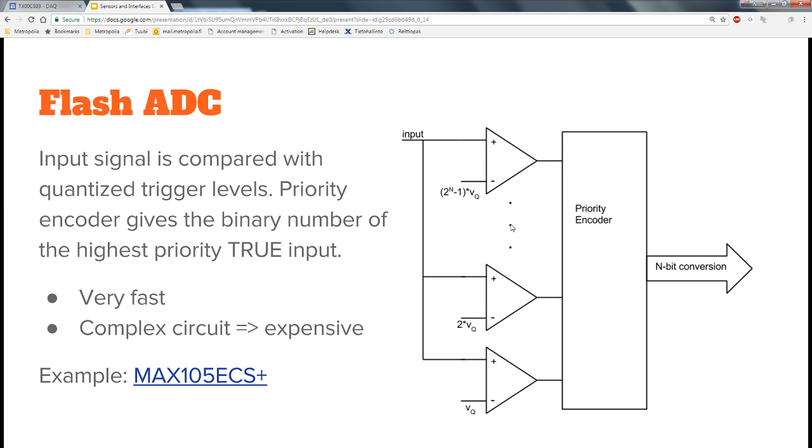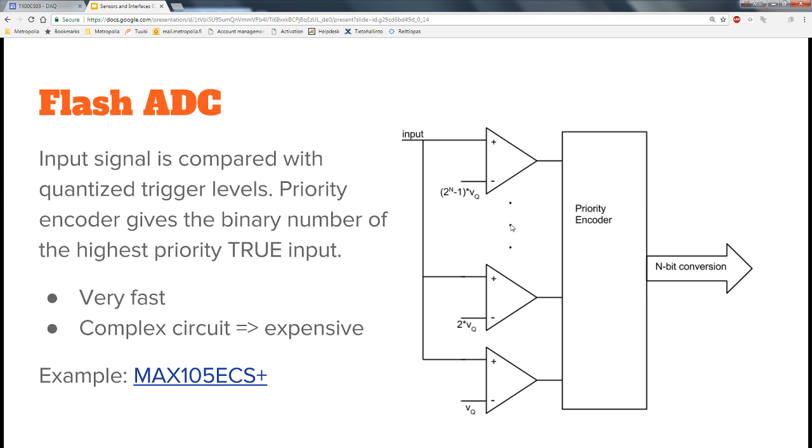But this is the way you get up to 40 gigahertz signals. No other A to D conversion method can do it. You can make very fast converters, but of course they are a little bit pricey because of the complexity of the circuit, the analog part.